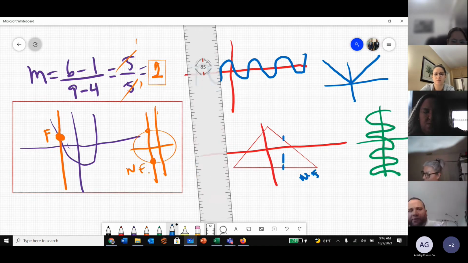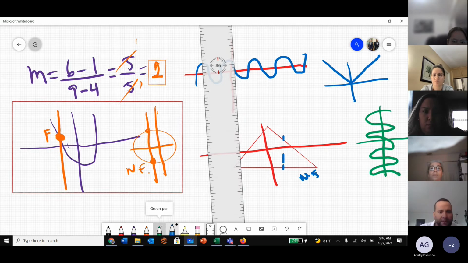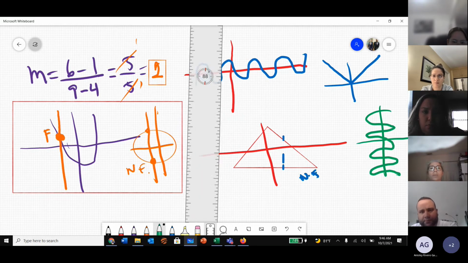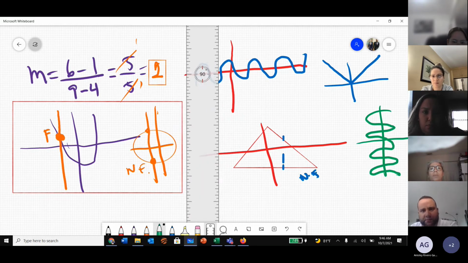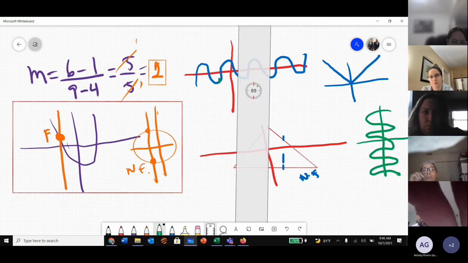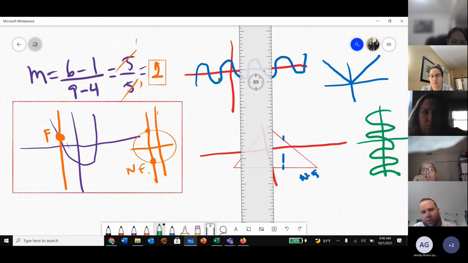Let me go over the first one. Let's do the same procedure. Let's see, vertical. One point right here. If you do it here, it cuts the graph in 1 point, and then this graph is a function.